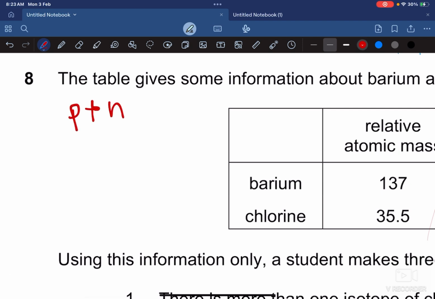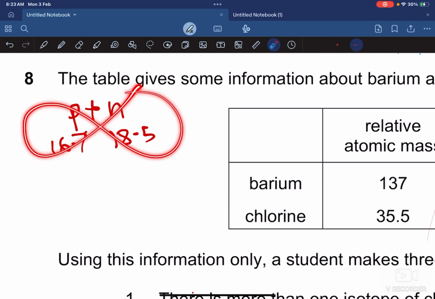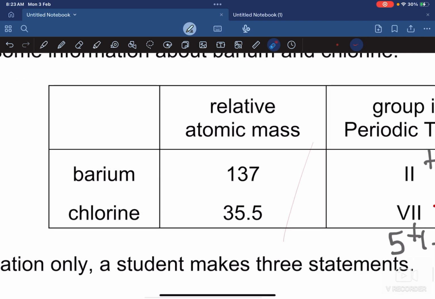Have you ever heard that an atom has 18.5 neutrons or 16.7 protons? Have you ever heard that the number of protons and neutrons are in decimals? Never. The number of protons and neutrons are never in decimals. So how come, when you are adding your protons and neutrons, you get 35.5? Well, that is the relative atomic mass.